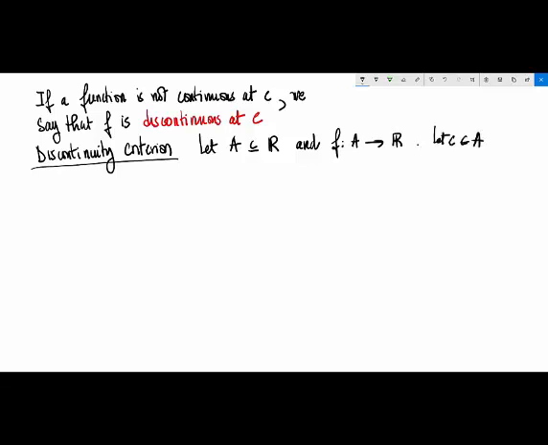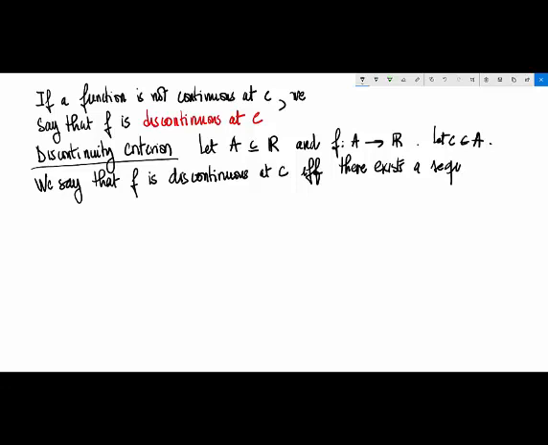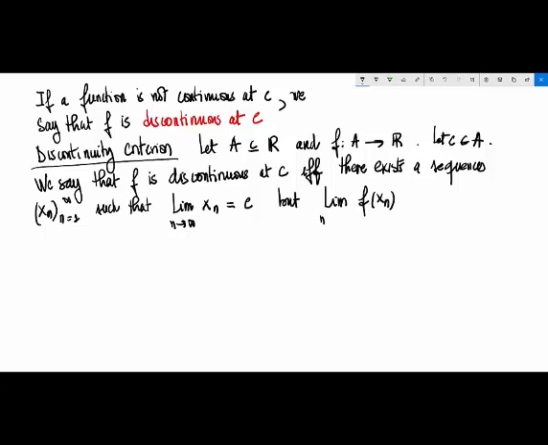Next, let c be an element of A. We say that f is discontinuous at c if and only if there exists a sequence, say xn, such that the limit of xn as n is approaching infinity is equal to c, but the limit of the image of the sequence xn, which is f of xn, as n is approaching infinity is not equal to f of c.